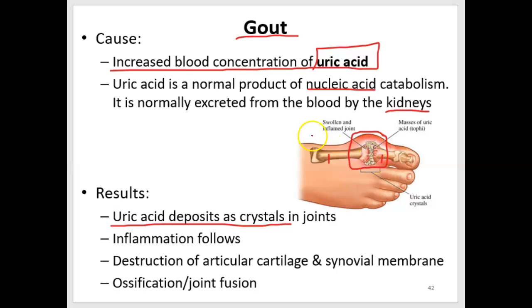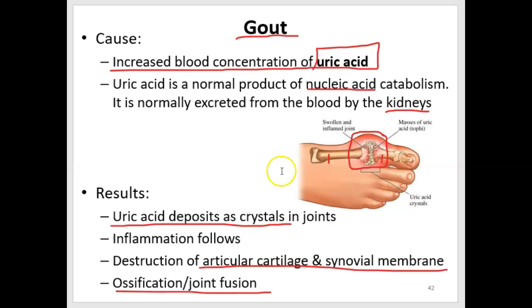Now those crystals are not supposed to be there, right? So that activates all sorts of signals, causing blood vessels to dilate, recruiting inflammatory cells. So you get heat, pain, swelling. And the articular cartilage and synovial membrane will be broken down, and eventually you'll have ossification of the joint again, just like before in RA.